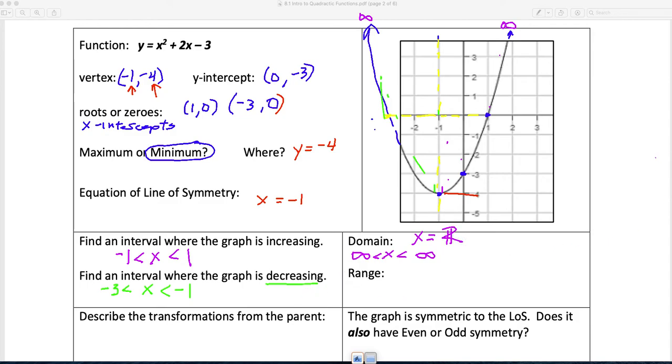Okay, on my range, on the other hand, it starts at the bottom, moves up. So starting down here, the first value for my range is -4. And going on up here, it goes to infinity.